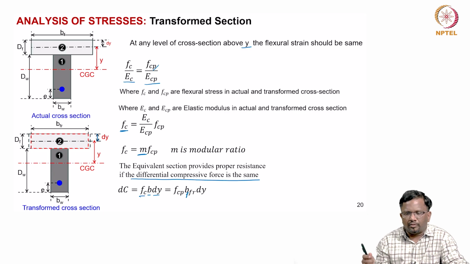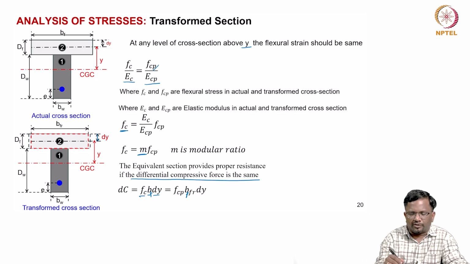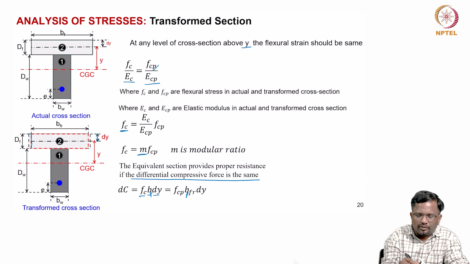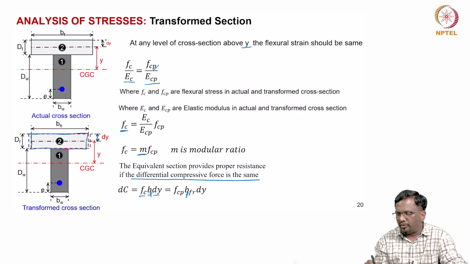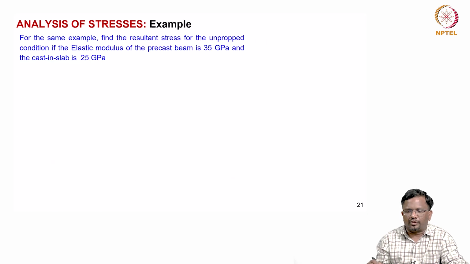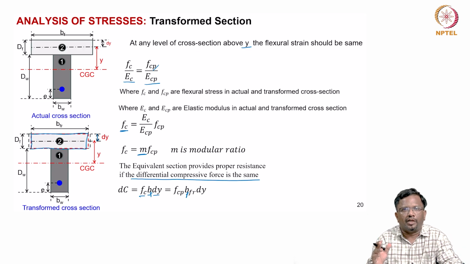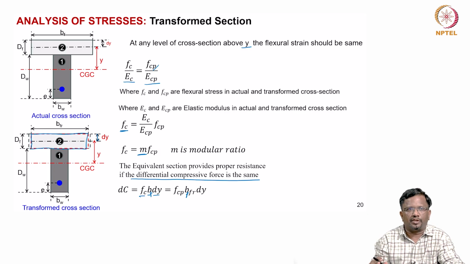So, Bf into dy should be equal to the transformed section. The red color is basically your transformed section, right. So, Bfr into dy should be same. So, this is the concept. In that way we are effectively reducing the flange width to make it a transformed section of higher elastic modulus, right. That is what we are doing.